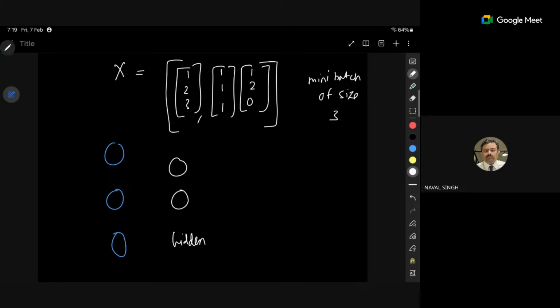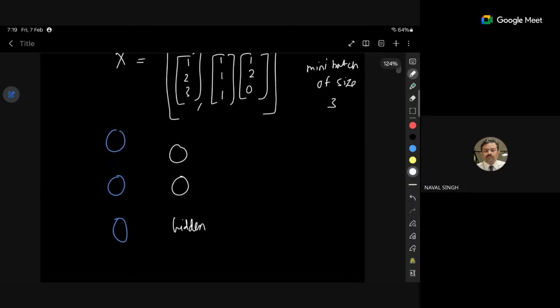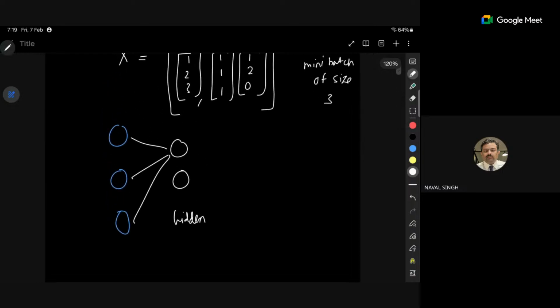I can decide how many neurons I want in my hidden layer. Now let's see what the weight matrix is. I'll call this W1, the weights between the input and the first hidden layer.